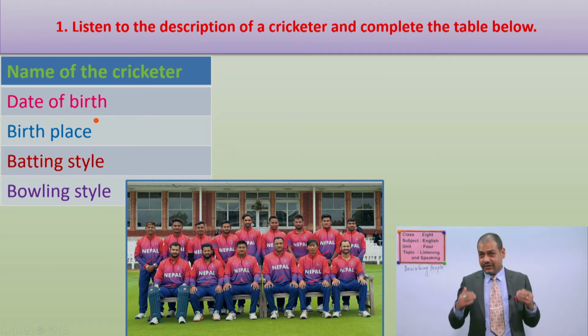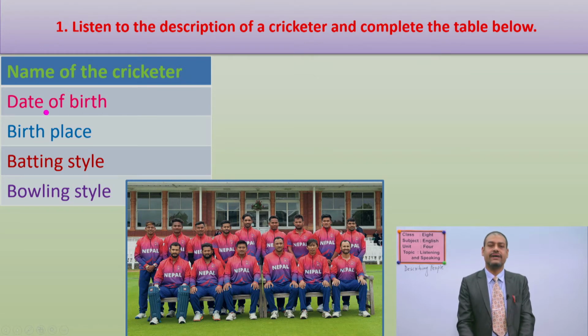Now, after listening, you have to do this. See, you have to write down the name of the cricketer, then the date of birth of that cricketer, okay. Then you have to write where that cricketer was born, the birthplace. Then you have to write his batting style and then his bowling style, okay.